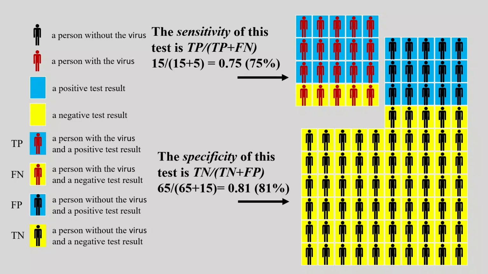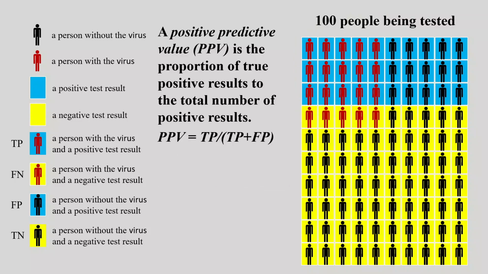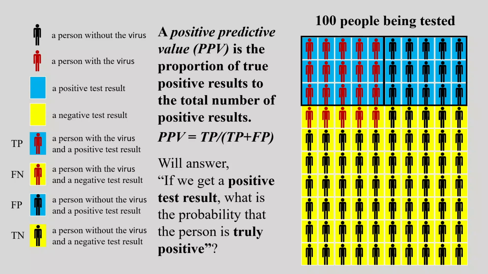A positive predictive value, or PPV, is the proportion of true positive results to the number of positive results, or all true positive test results divided by all positive, true positive, and false positive results. The positive predictive value then will answer the question: if we get a positive test result, what is the probability that the person is truly positive?